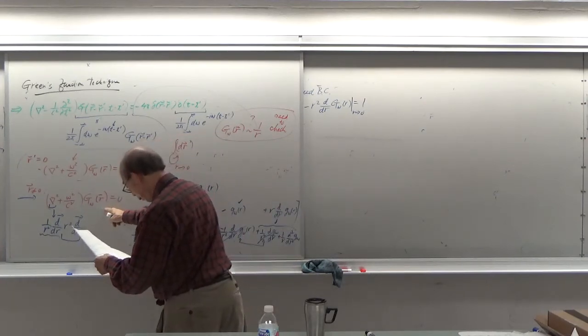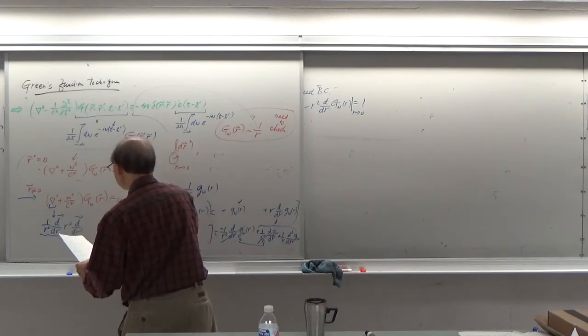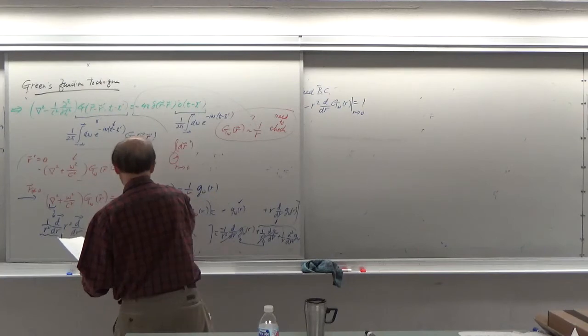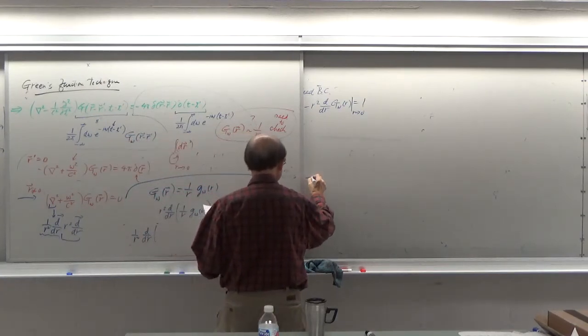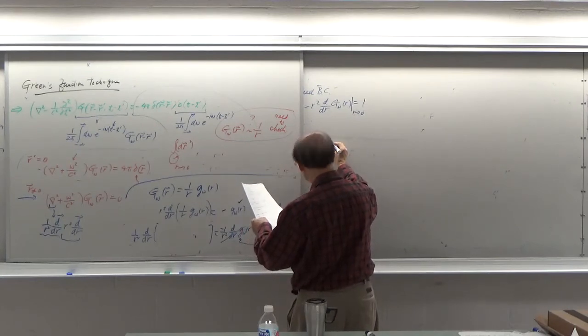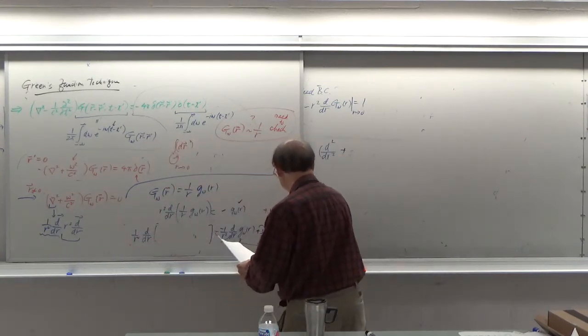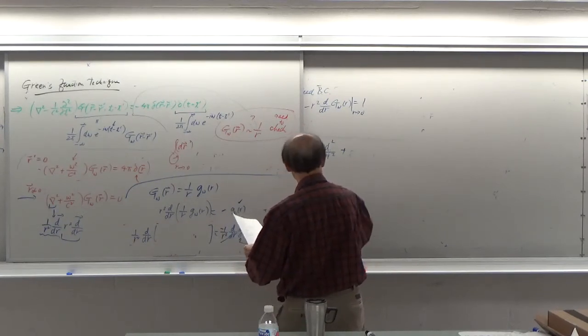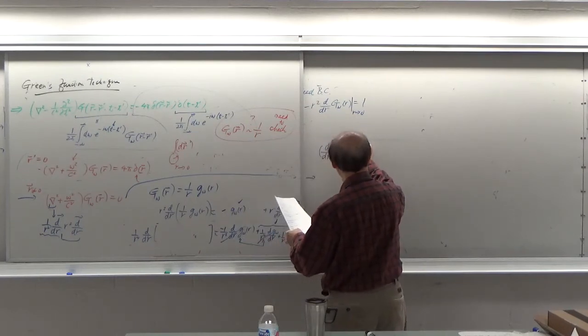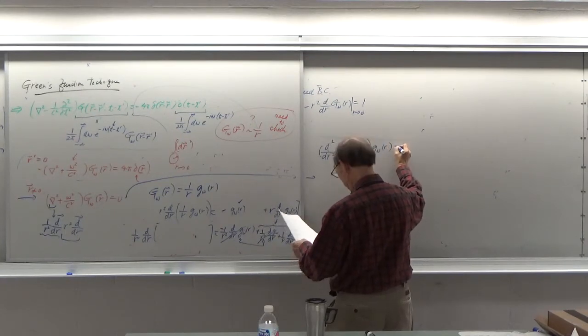So this equation becomes, let me copy the result down, d squared by dr squared plus, this is the only term that's left, plus omega squared over c squared times small g omega r equals 0.